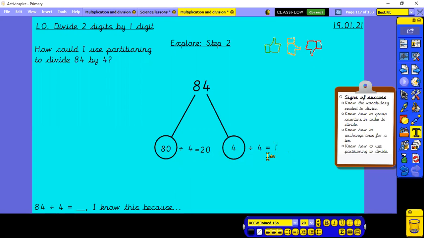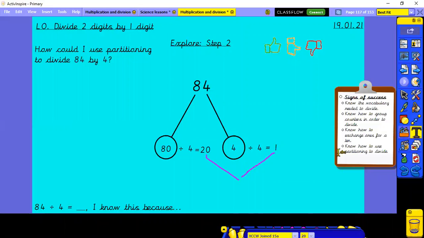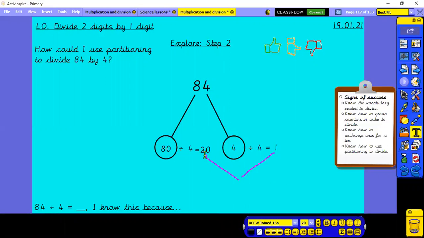Okay, and remember we now need to add these 2 numbers together to get our quotient, our final answer. So 20 add 1 is 21. So we now know 84 divided by 4 equals 21, and we did this by using partitioning.